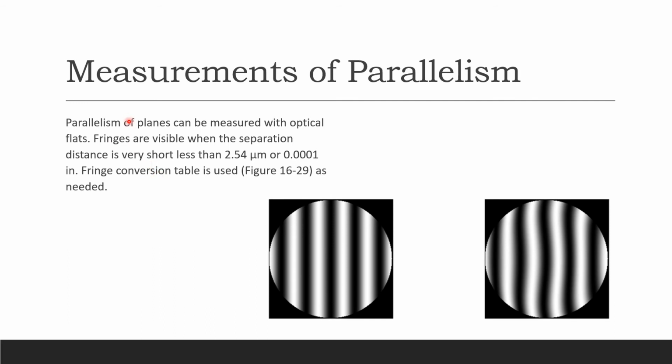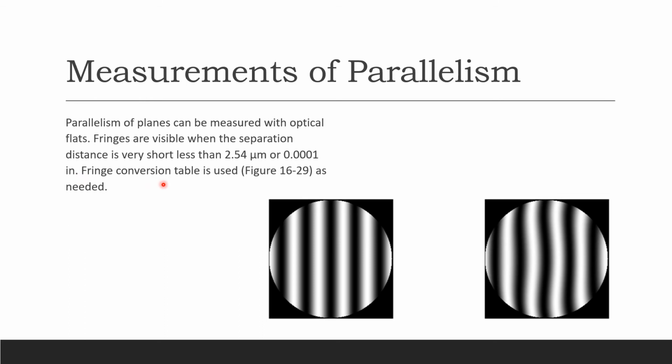Parallelism. So parallelism of planes, we can measure it by using optical flats. Fringes are visible when the separation distance is very short, less than 2.54 micrometer or 0.0001 inches.